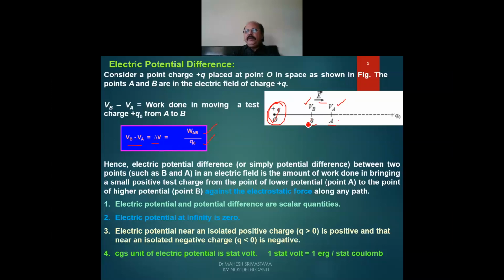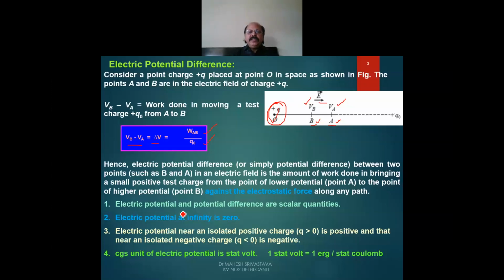So potential at point B is higher than potential at point A. So potential at A point is lower in comparison to the potential at point B. So finally we can define electric potential difference between the 2 points, say point B and point A, in an electric field is the amount of work done for bringing a small positive test charge Q naught from a point at lower potential to the point at higher potential against electrostatic force along any path. That is called electric potential difference.